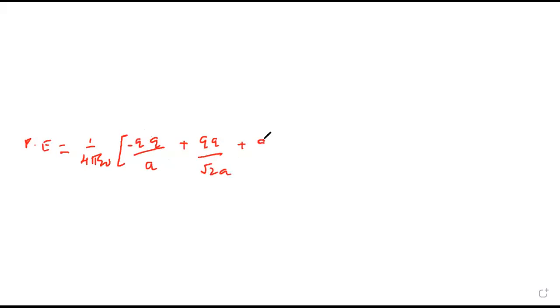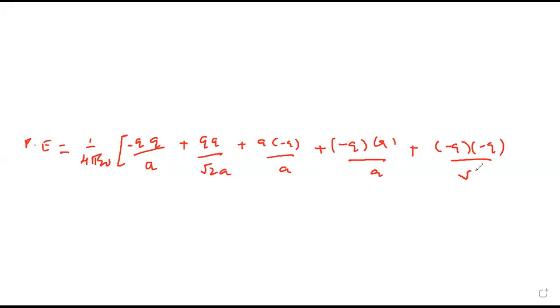Plus Q into minus Q, distance is A. So 1 2, 1 3, 1 4 over, plus now 2 3. 2 3 means again minus Q into Q, distance is A. 2 4 is minus Q into minus Q, distance is root 2A.